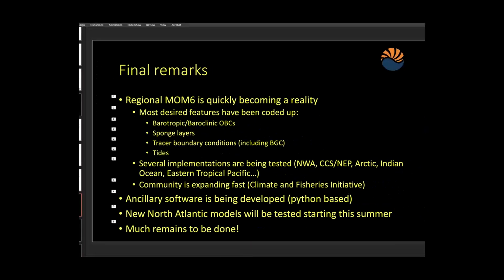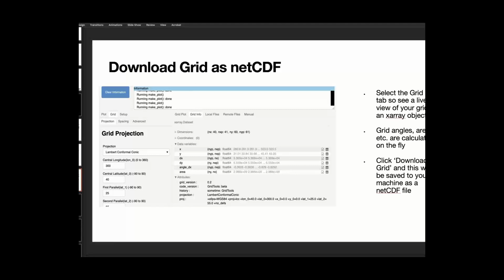Also, will open source Python tools integrate closely with or leverage other existing projects like xarray? Yeah, absolutely. So you see, this is all based on xarray. The grid is an xarray object.